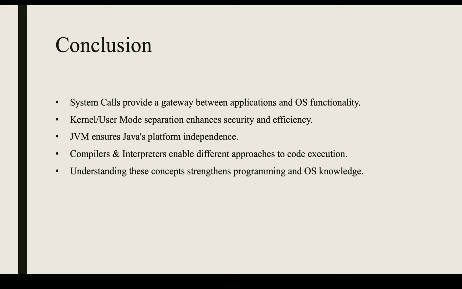Compilers and interpreters enable different approaches to code execution, where the compiler compiles the entire code at a time, whereas the interpreter translates each line at a time instead of the complete code. Hence, understanding these concepts strengthens programming and OS knowledge.